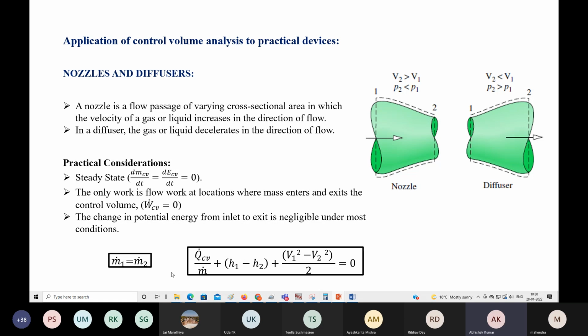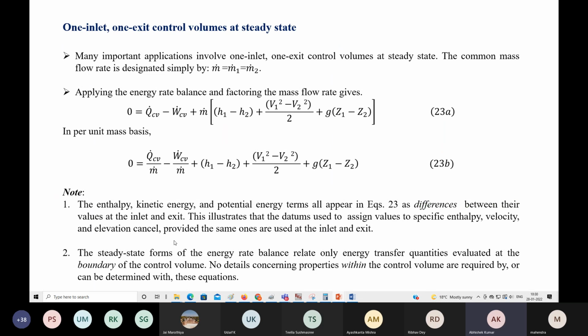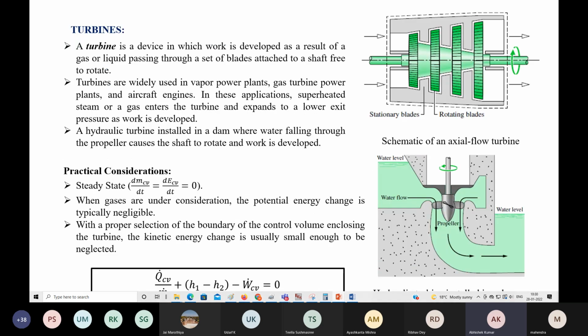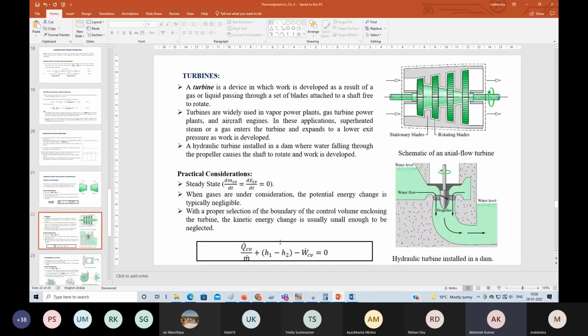So the main energy equation we are converting to every application. Now, same way. And one minute, this slide has gone down.